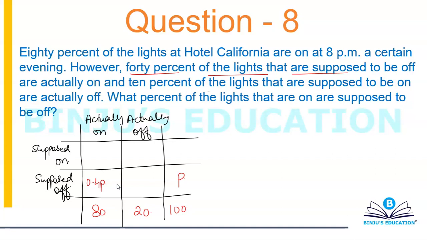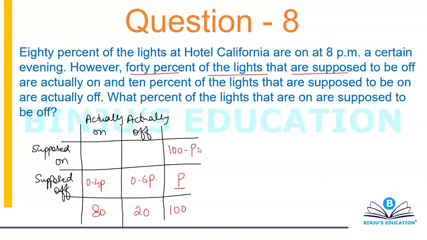So 40% of that are actually on, so that will be 0.4 P. So the one to the right of 0.4 P will automatically become 0.6 P. Alright. Now if supposed to be off is P, then supposed to be on will become 100 minus P. Okay, what else do we have?